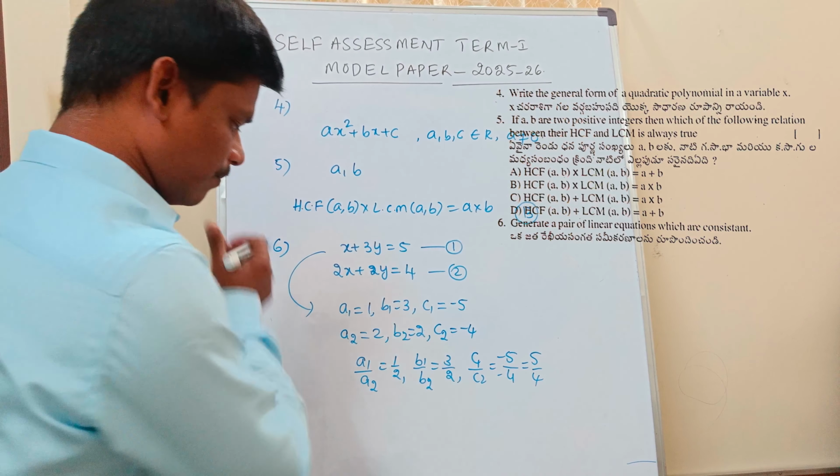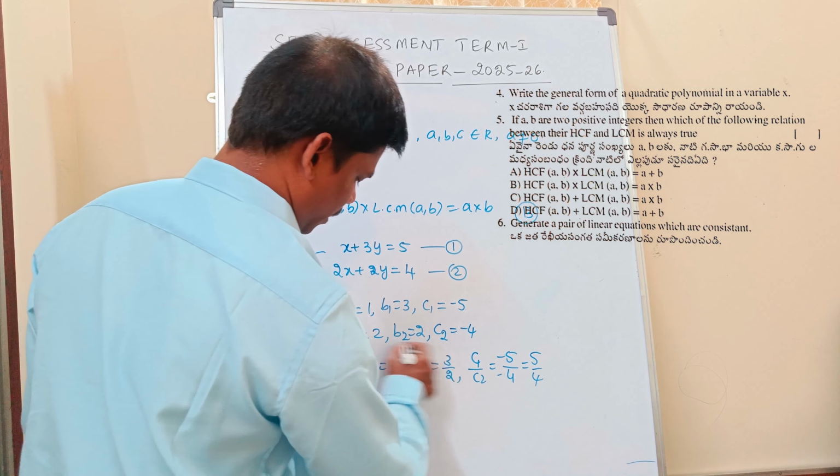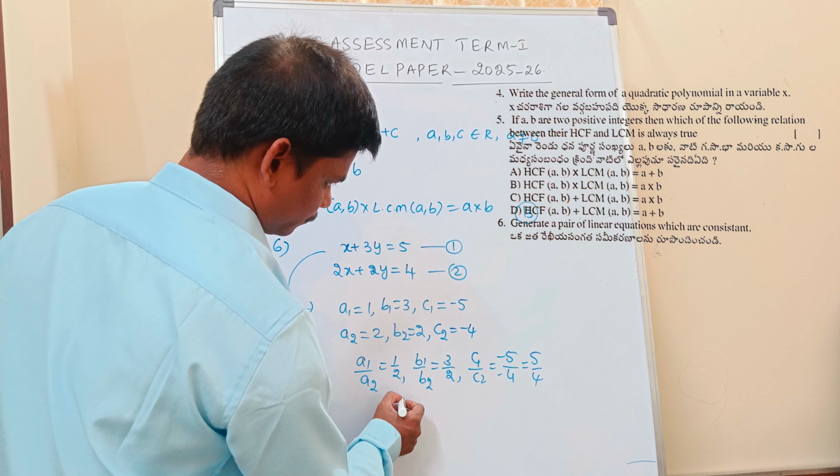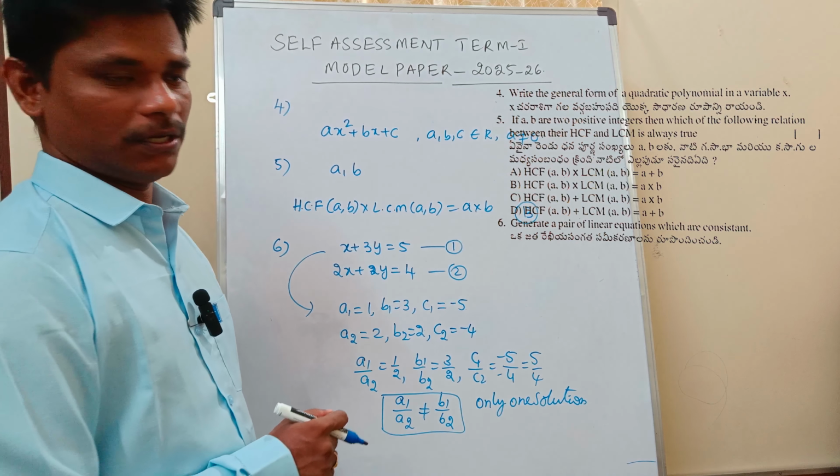So compare these two ratios, a1 by a2 and b1 by b2. a1 by a2 is not equal to b1 by b2. Whenever the first two ratios are not equal, there is only one solution. One solution means those two lines are intersecting at one point in the graph.